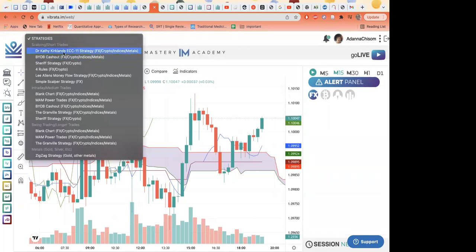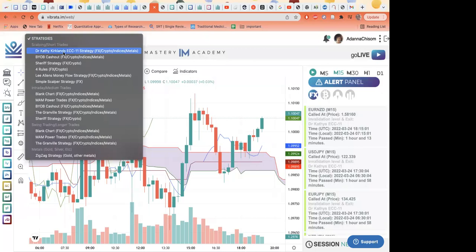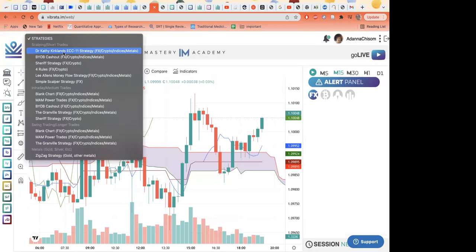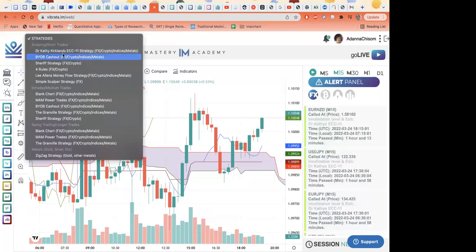Those are the two most common strategies when talking about Vibrata. BYOB means be your own bank cash out strategy. When I saw it, I was like, wow, that's nice, to be your own bank. Maybe I would have an event sometime and I'll call it be your own bank. So these two strategies, ECC 11 strategy and BYOB cash out, are the two major strategies that are used for Vibrata.